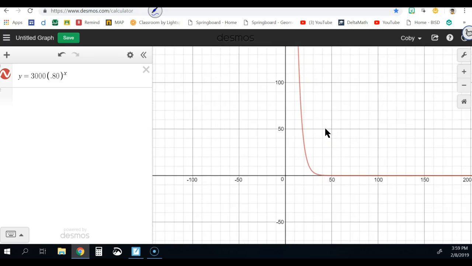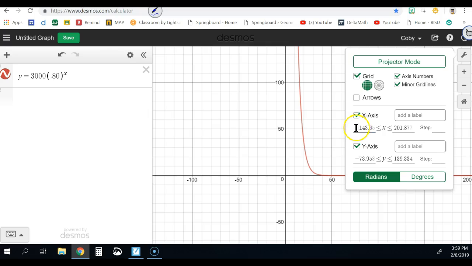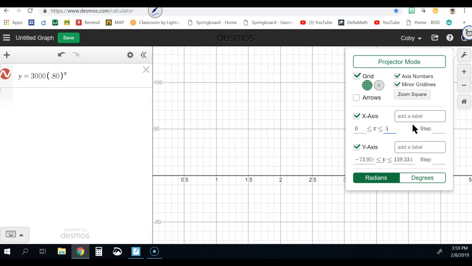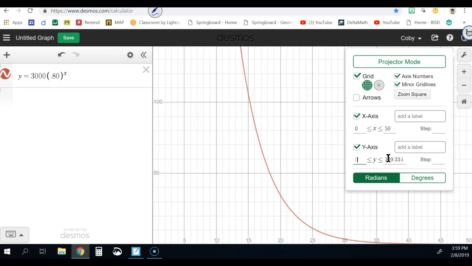Again, you can get all the answers with leaving the view just like this, but I do want to play with it a little bit to make it a nicer view. The X, that is years. I want to start at 0 years, and let's go 50 years. So we'll track it for 50 years maybe. The Y values, the lowest I want to go is 0 fish.